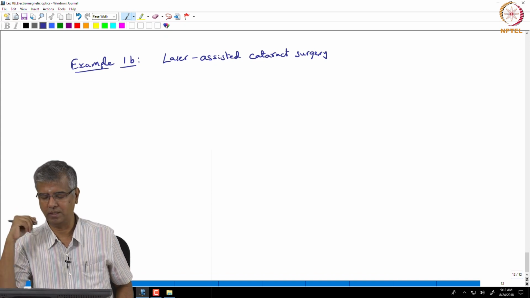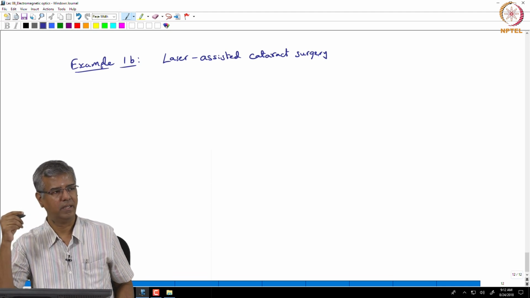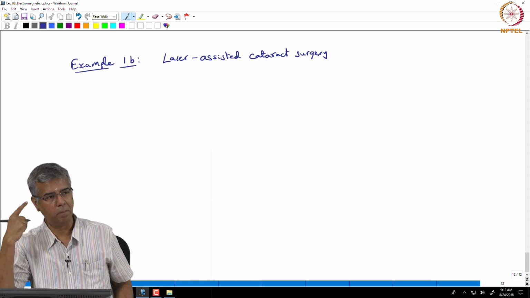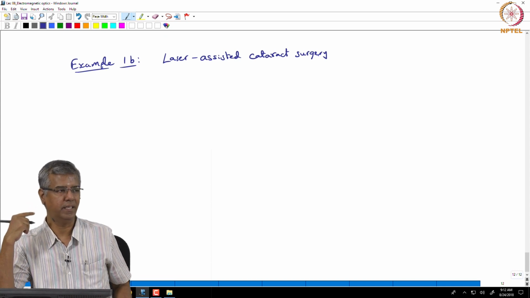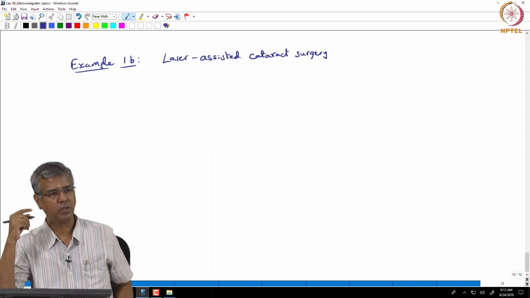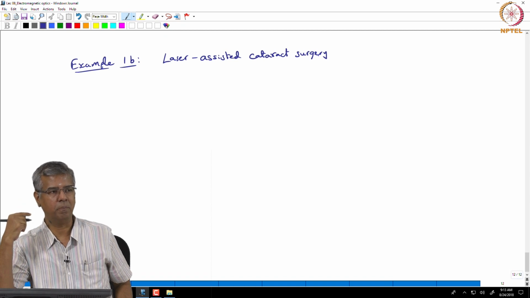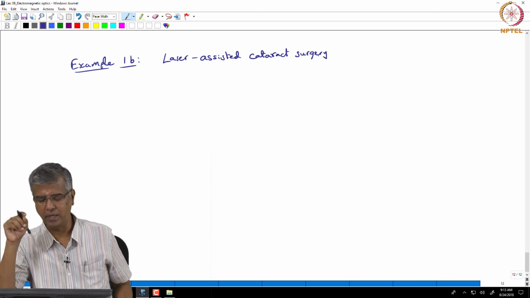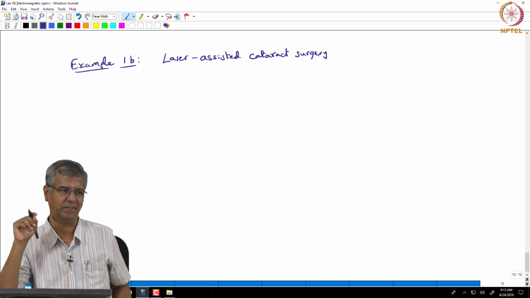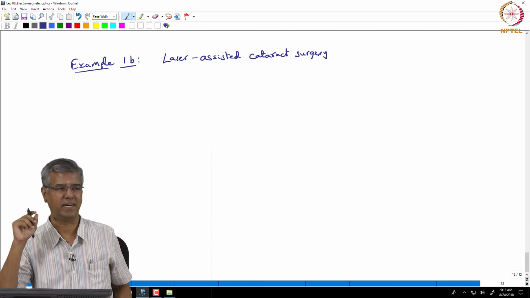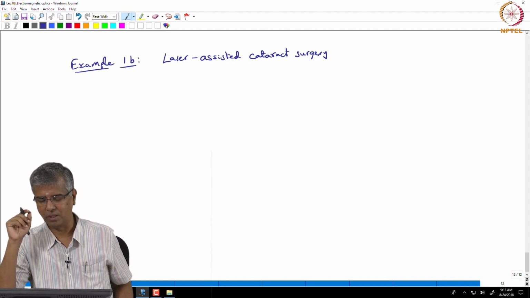We work with one of the research institutes which is doing eye research as to whether this laser can be used to ablate tissue in the eye, so that you can make a very precise incision in one of the tissue layers in the eye, and through that you can do cataract surgery. Okay, so that is what laser assisted cataract surgery is all about.